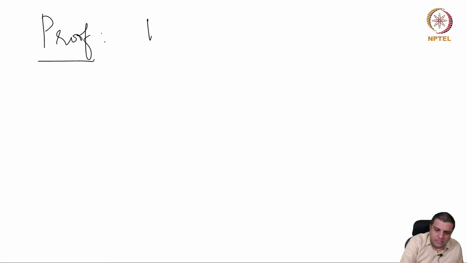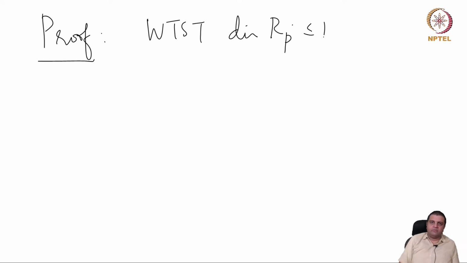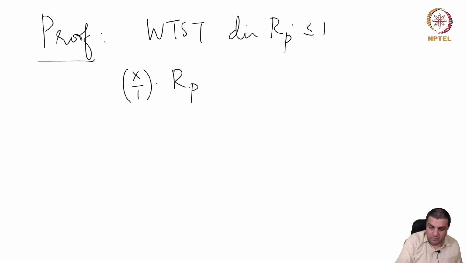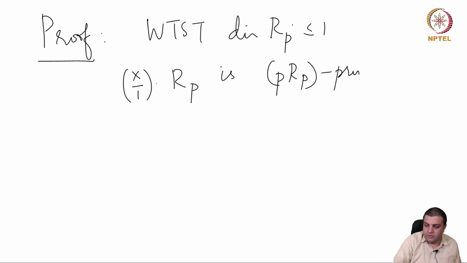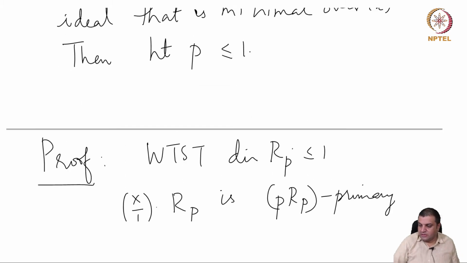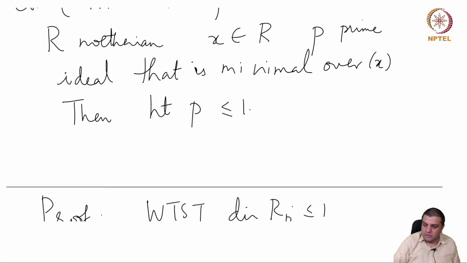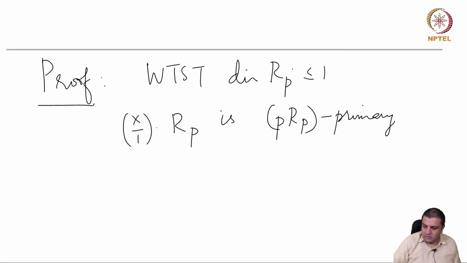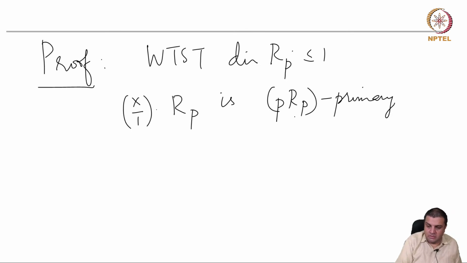What we want to show is that the dimension of R localized at P is less than or equal to 1. Notice that the ideal generated by x over 1 in the ring R_P is PR_P-primary, because in that local ring there is no prime ideal between this ideal and that maximal ideal.